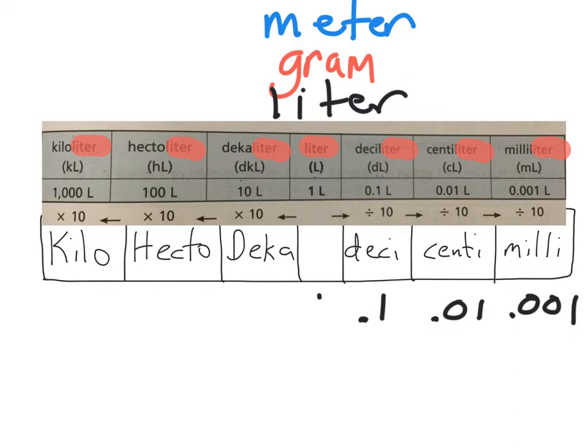And then we have 1 liter. 10 of those is 10 decaliters. 10 decaliters, or 100 liters, equals 1 hectoliter. And then 1,000 liters is equal to 1 kiloliter.